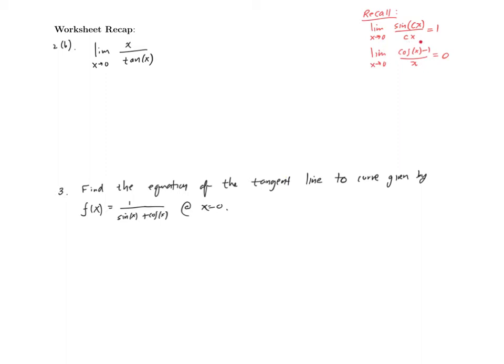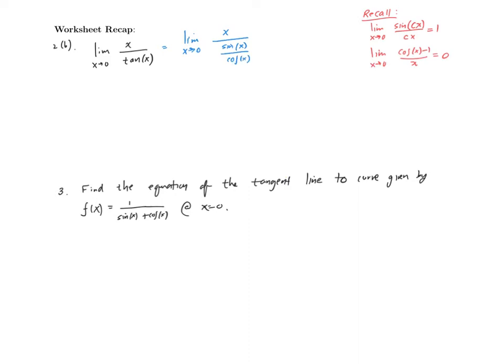And that is the first one. So somehow I want to get this to involve x and sine. So let's begin by just simply rewriting tangent in terms of sine and cosine. So this would become the limit as x approaches 0 of x divided by sine x over cosine x.